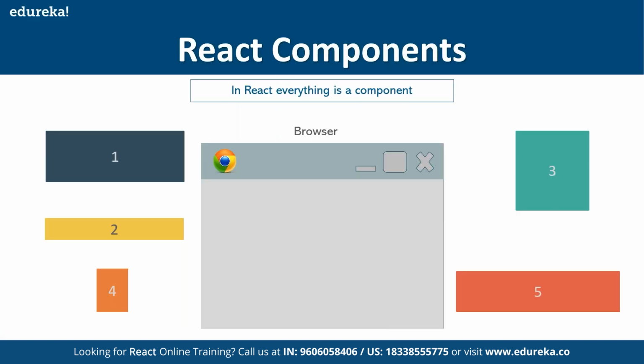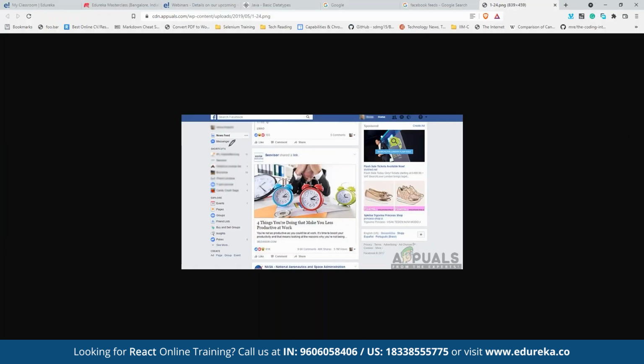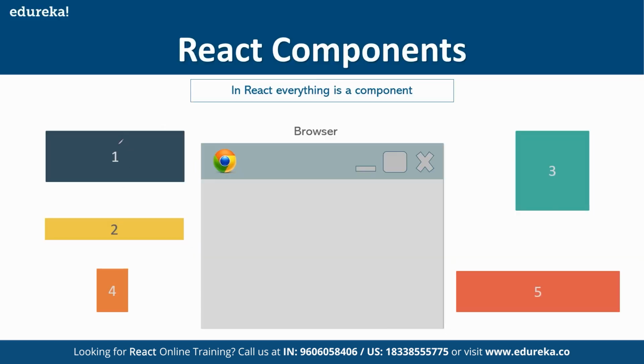The React.js components on a browser might be different, meaning each of them, whatever you see here, this section or this one or this one or maybe the top layer, are all different components. Something like this: component 1, component 2, component 3, component 4, component 5.